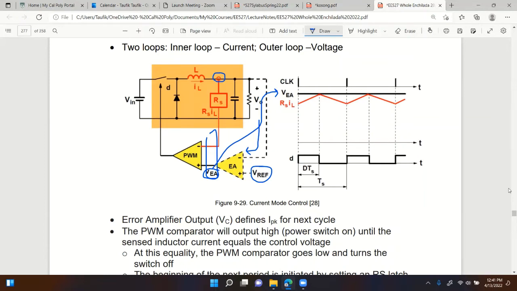Once the voltage from the inductor current hits that error signal voltage, that's how we define the turn off of the switch.